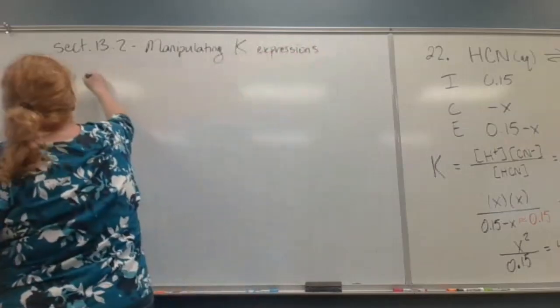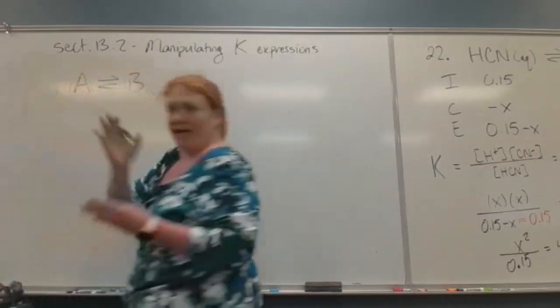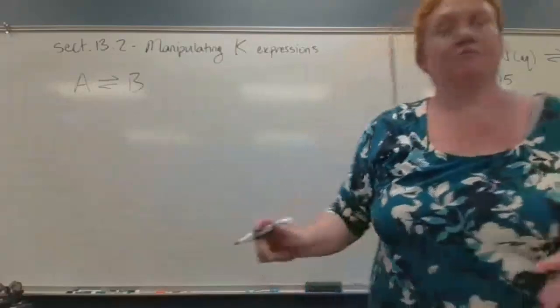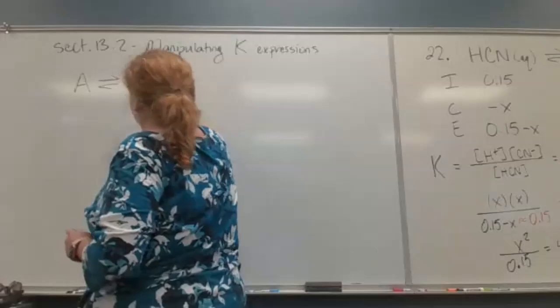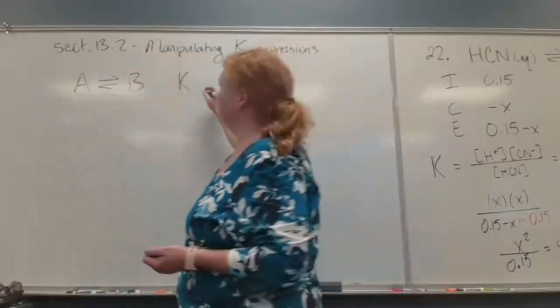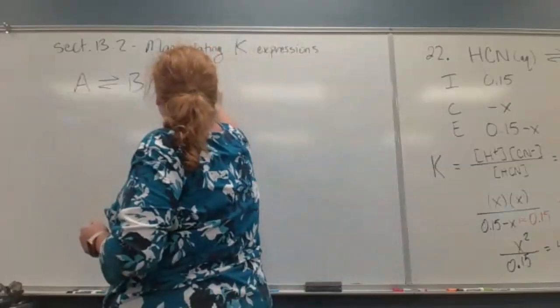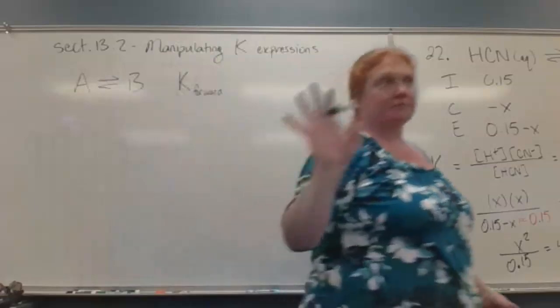If I have a reaction, let's do a simple one like I have on the board. A goes to B, okay? And I'm writing K for the way it's written. In fact, let's be specific. I'm talking about going forwards, right?